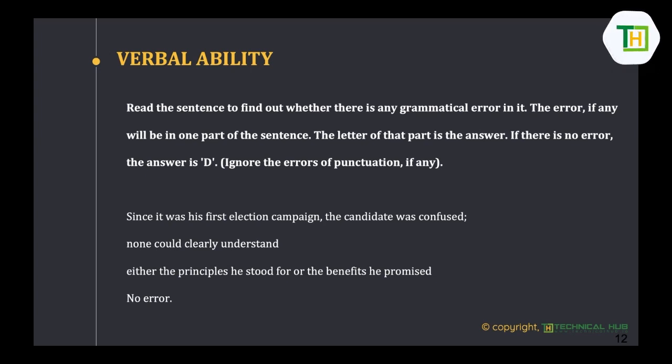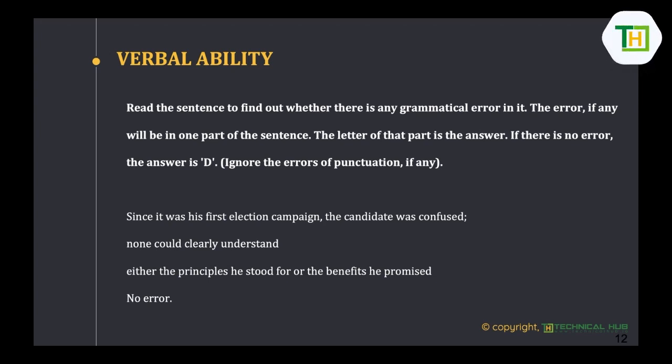Okay. Next one. Read the sentence to find out whether there is any grammatical error in it. The error, if any, will be in one part of the sentence. The letter of that part is the answer. If there is no error, the answer is D. Okay.